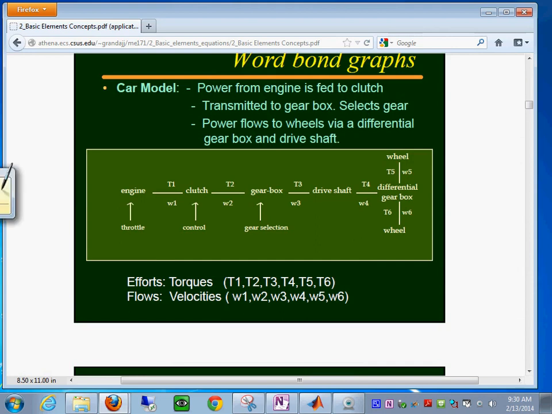Like, for example, in this case, you have the model of a vehicle. You have the engine first, then the clutch, the gearbox, the drive shaft, the differential box on the side over here, and each of the wheels. Isn't it neat?